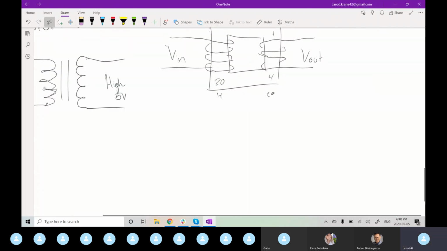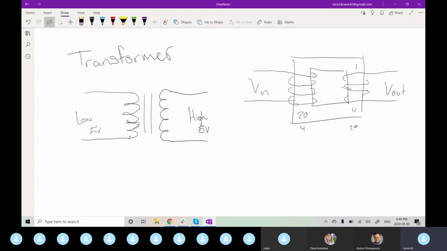Questions on either the isolation half or the voltage conversion? Sorry, I missed, what was that line in the middle between the low and high transformer hand things?